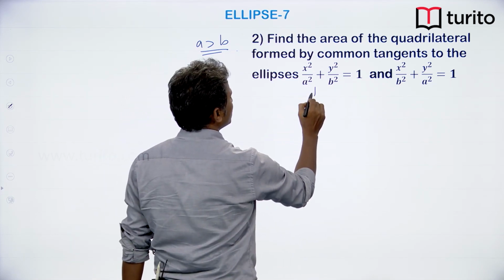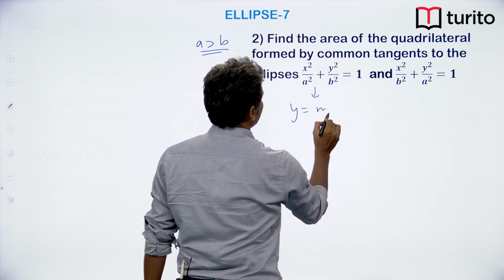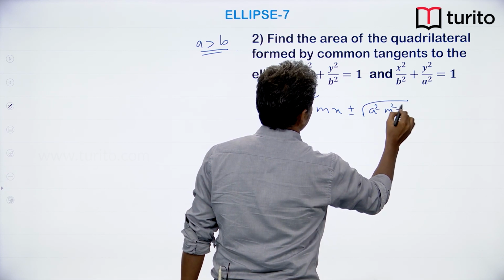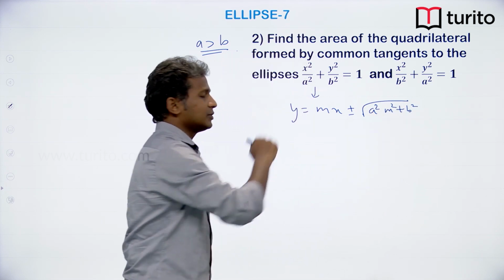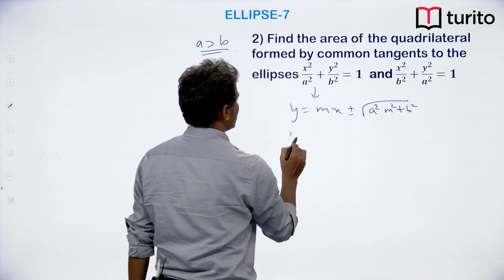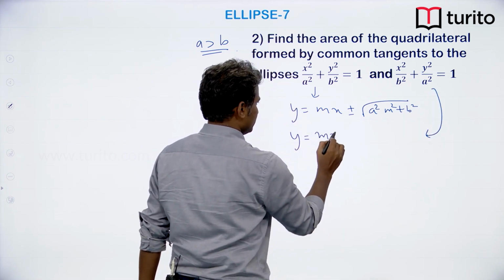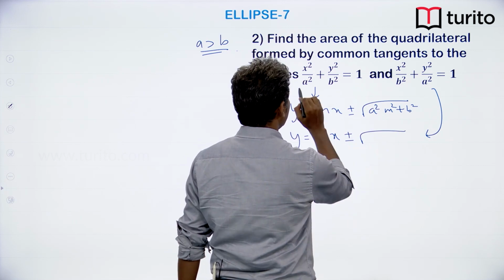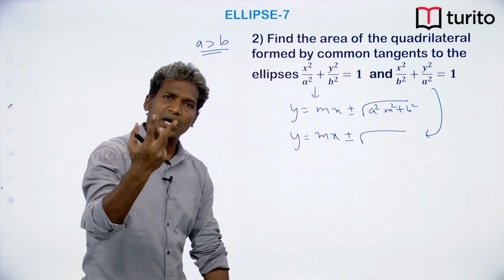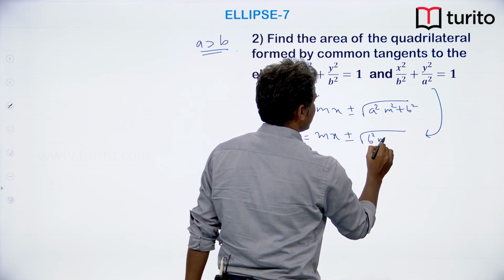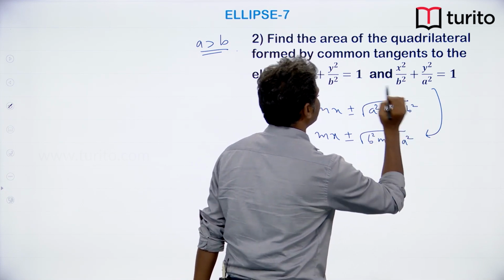So, write the tangent to this, it will be y equal to mx plus minus root of a square m square plus b square. What about the tangent to the next one? It will also be along the same lines, but here if you observe, a and b are reversed. So, just swap a and b here. You will get b square m square plus a square.